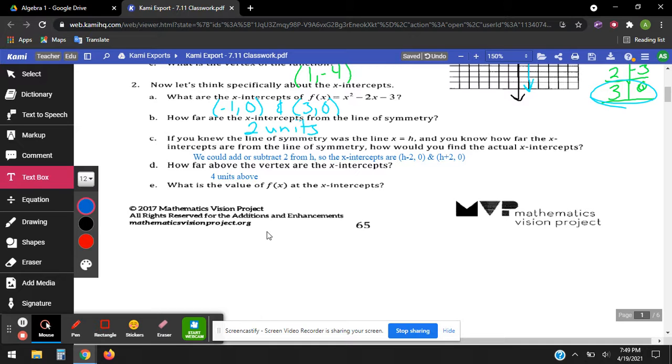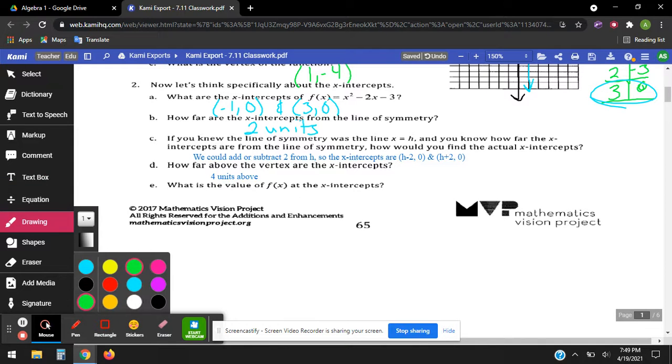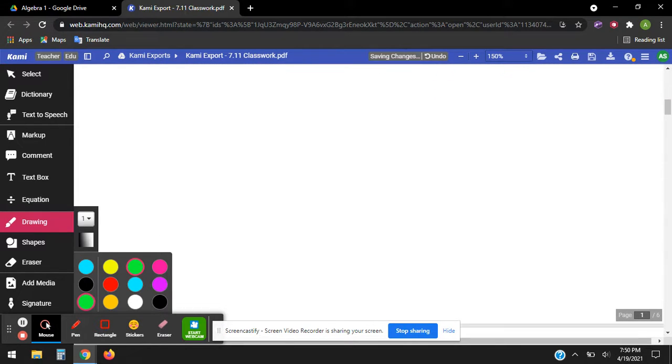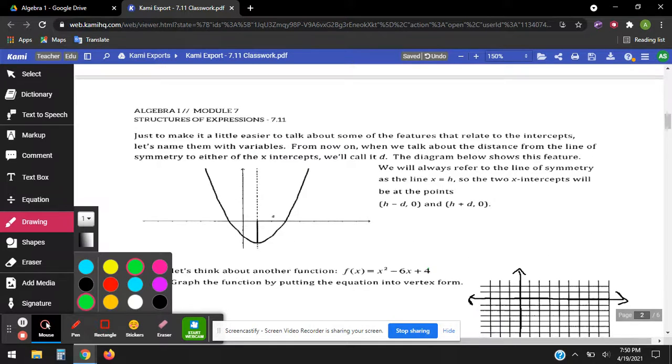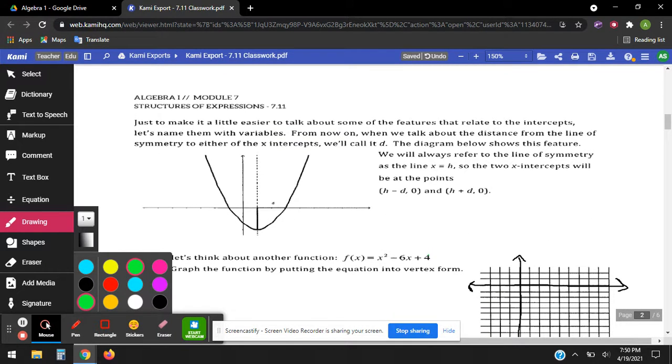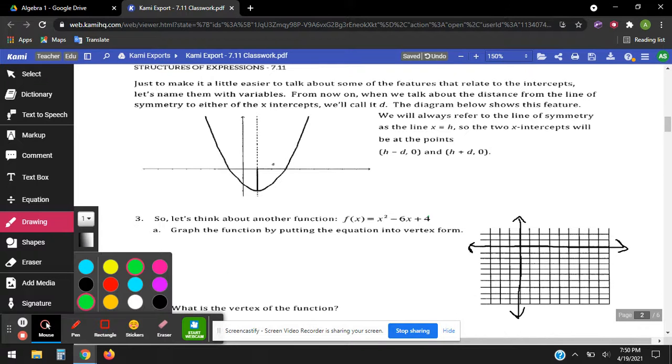Well, my answer, f of x equals 0 at the intercepts. So in other words, f of negative 1 equals 0 and f of 3 equals 0.